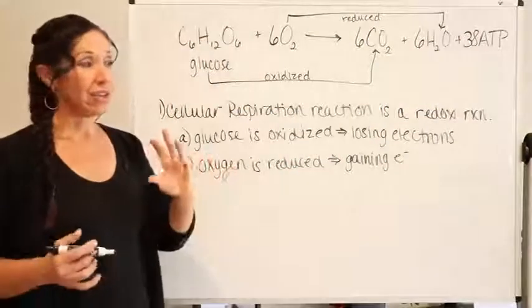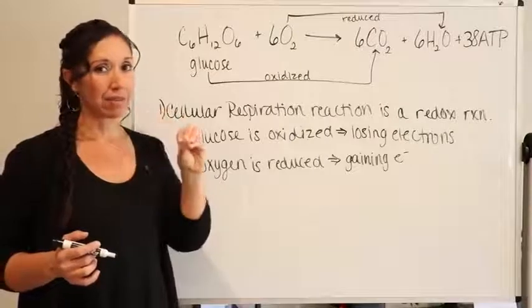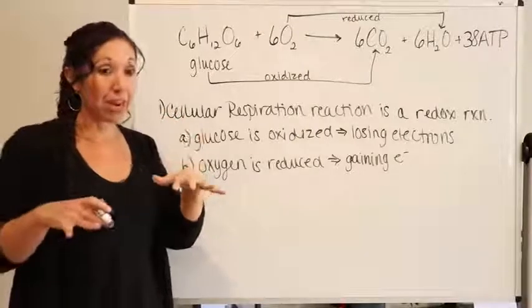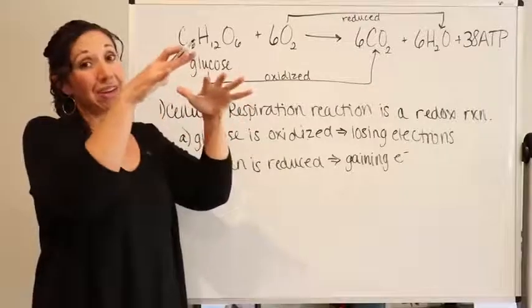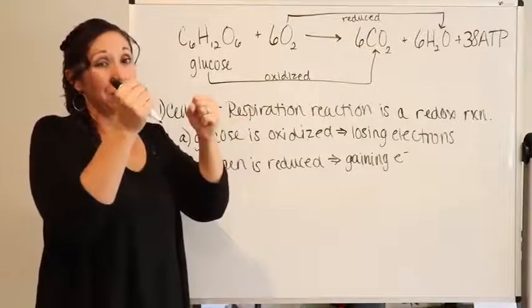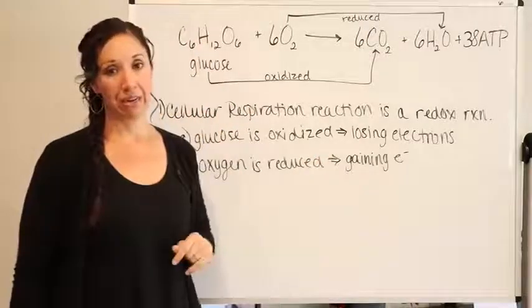But the thing is, you want to strip these electrons away a little bit at a time, not all at once, because if you do it slowly, you kind of ramp up the electron potential, if you will, and so it's like you're just waiting and waiting and waiting, and then you let them go down this slide and you make a ton of energy at the very end of it.